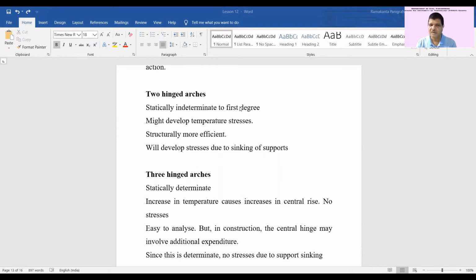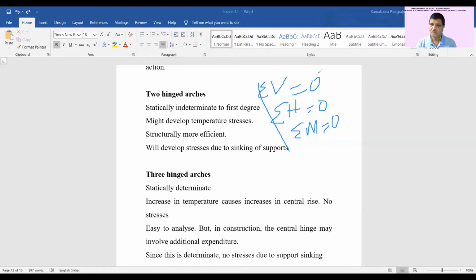What is statically indeterminate? You already know the equilibrium equations of statics: sigma V is equal to 0, sigma H is equal to 0, and sigma M is equal to 0. These are the three equilibrium conditions as you have studied in statics. If there are three unknowns in the reactions, then it is statically determinate.